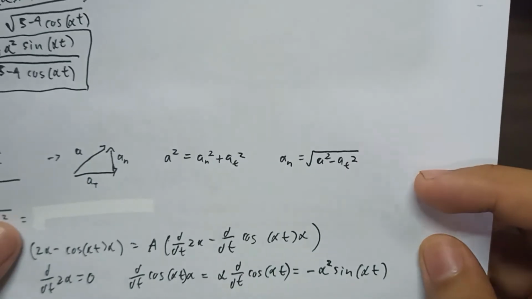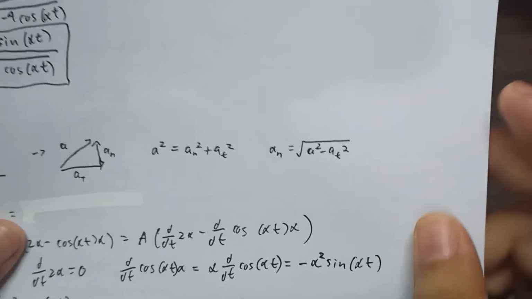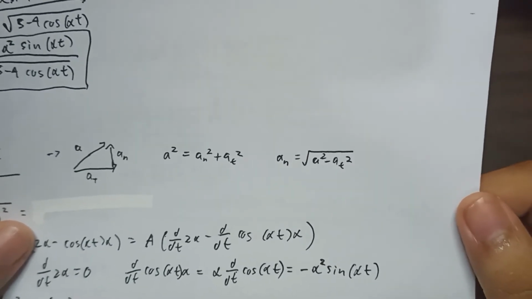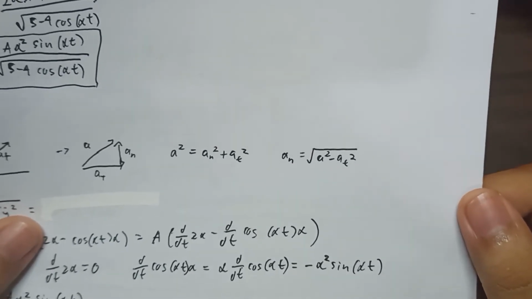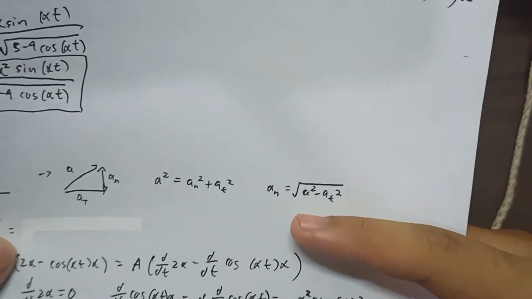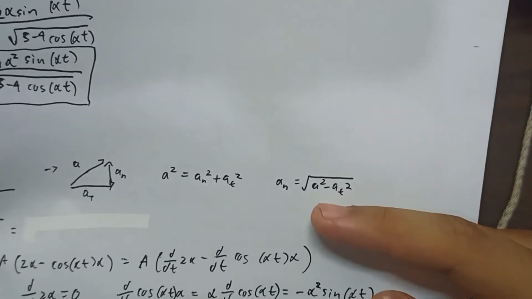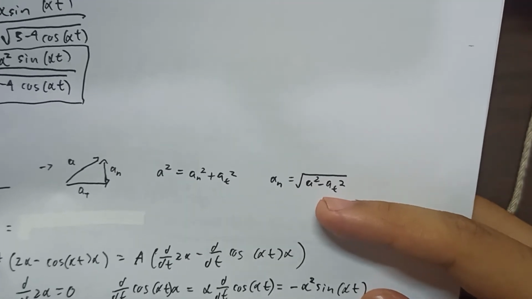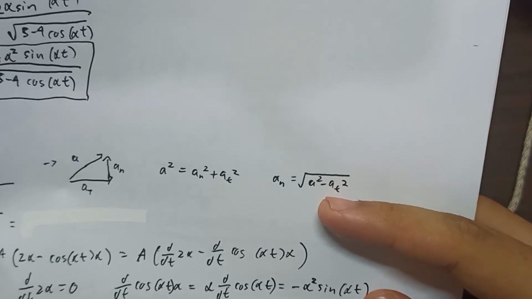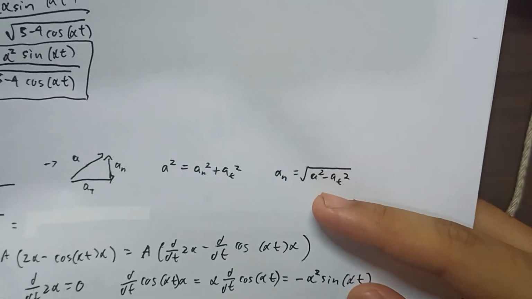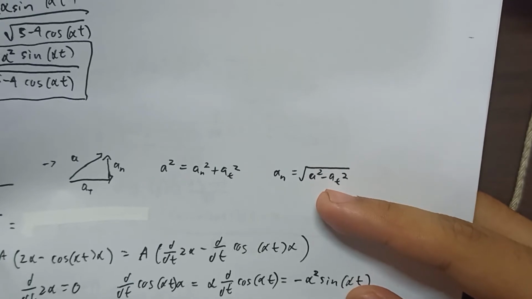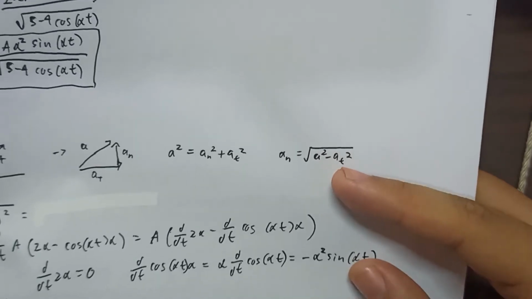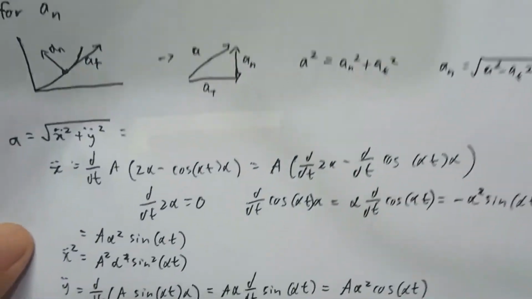And to compute for the normal acceleration, we use the Pythagorean theorem, which is a squared is equal to the normal acceleration squared plus the tangential acceleration squared, which gives us the normal acceleration is equal to the square root of the difference of the square of the acceleration and the tangential acceleration.